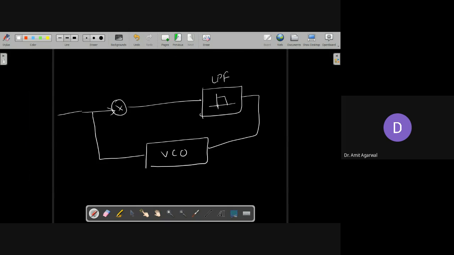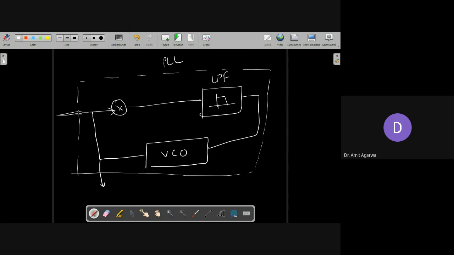So initially, this is your PLL, and inside you get a multiplier, low pass filter, and VCO, and the output of this VCO will be the same sinusoid as you provide here. Initially, if VCO has some frequency, here you generate an error signal.